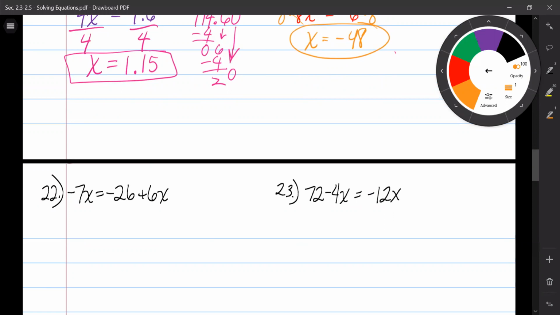All right, on number 22, I've got x's on both sides of the equation. So I have to have it where I only have x on one side of the equation. So I could accomplish that by subtracting 6x from both sides.